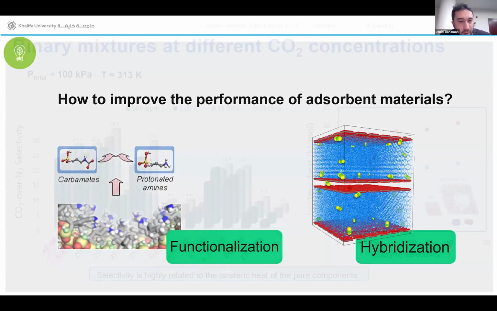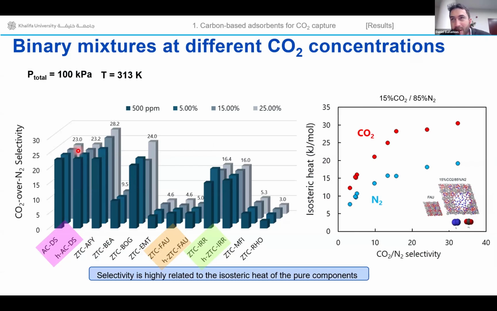Now, before I move on, as I mentioned during the motivation, remember that we're trying to get a criterion where the selectivity should be at least higher than 100. As you see here, most of these structures are showing selectivities of around 20 or 16, very low selectivities for CO2 capture and separation.